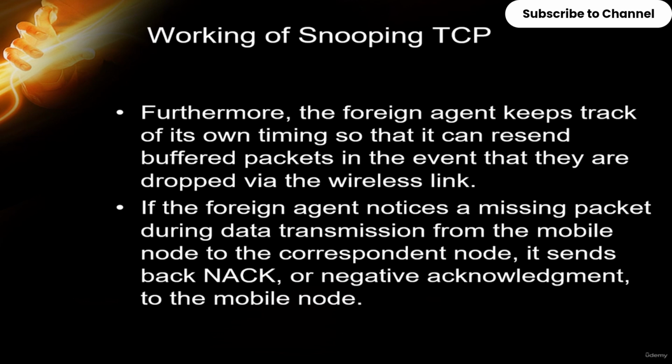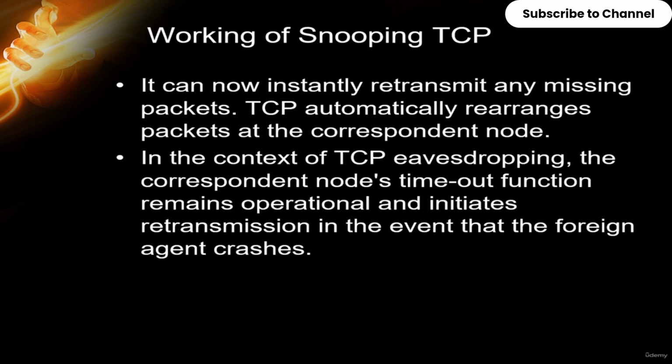The foreign agent also notices the missing packets during the transmission and transmits the corresponding packets, and it even sends negative acknowledgements to the mobile node to say that it did not receive the particular packet.